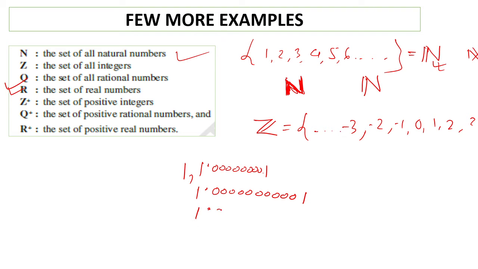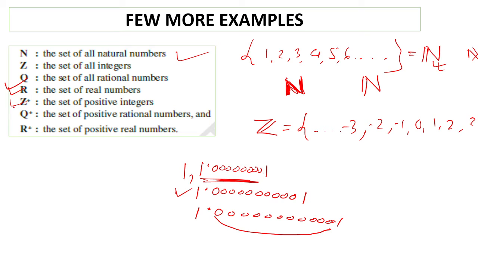Someone else will say this is 1.0000000000001. Whatever the number of zeros you want, you can increase it. So you cannot predict the number. So these sets you cannot write using commas. This is called tabular form. I will discuss it later.